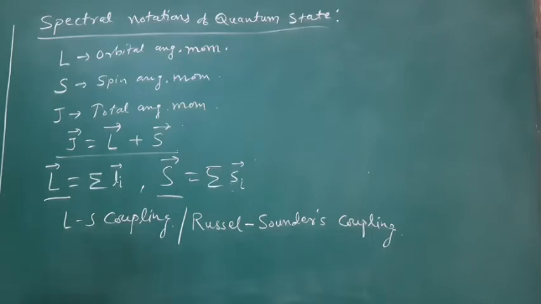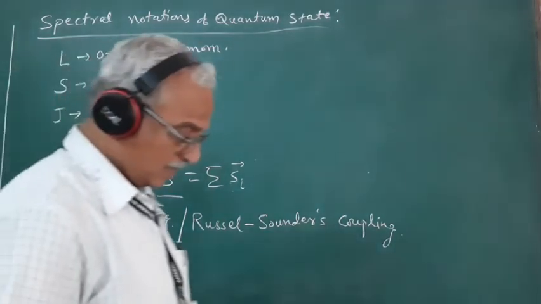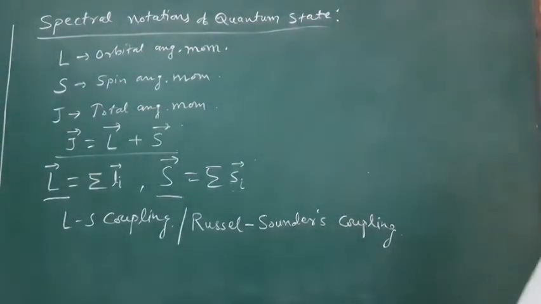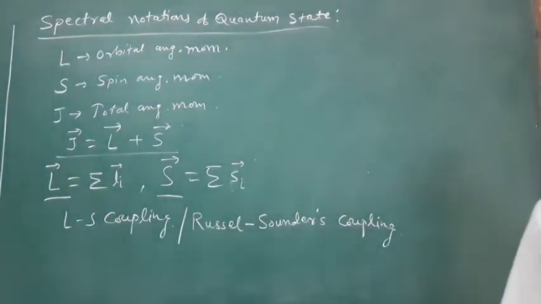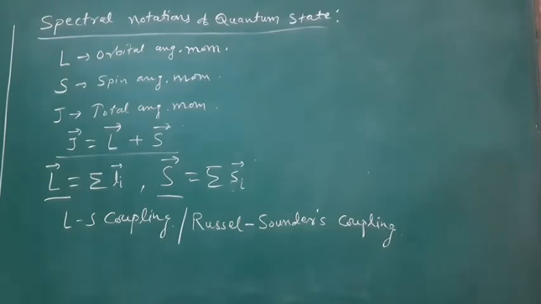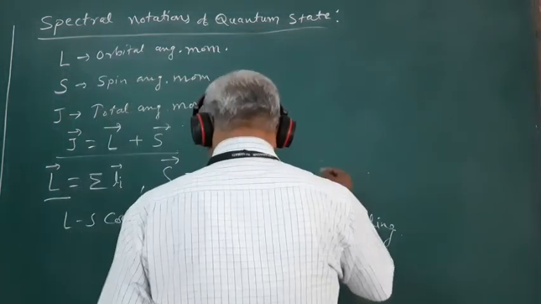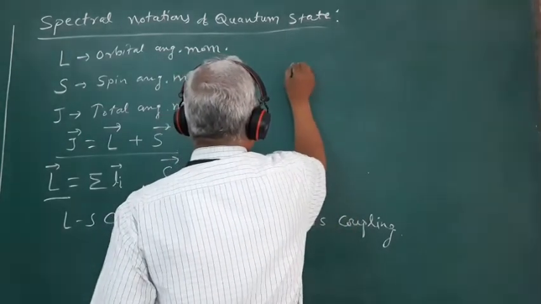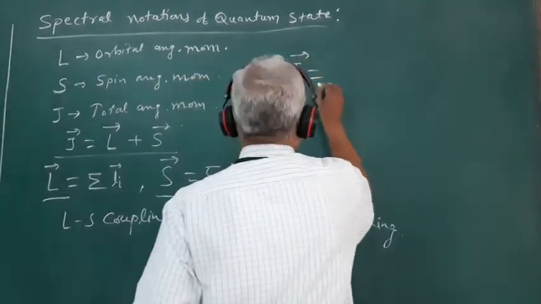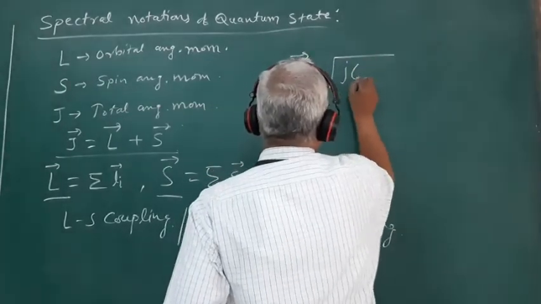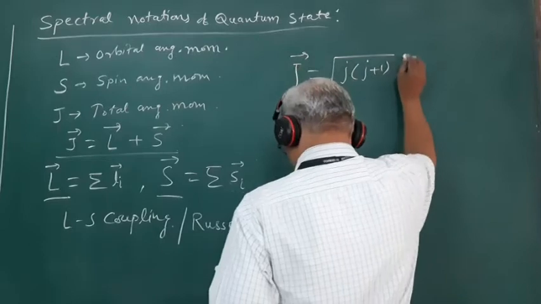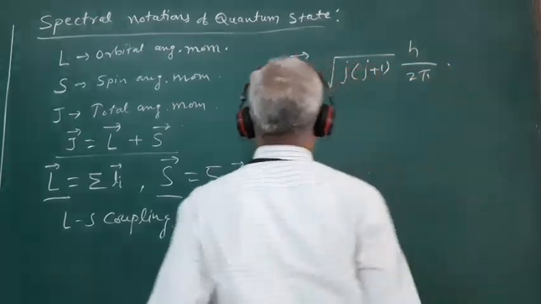The total angular momentum vector J bar is found to be characterized by the total angular momentum quantum number J, and the total angular momentum J bar is also found to be quantized. So in accordance with the quantum condition, we get J bar is equal to the square root of J into J plus 1 times h upon 2 pi.